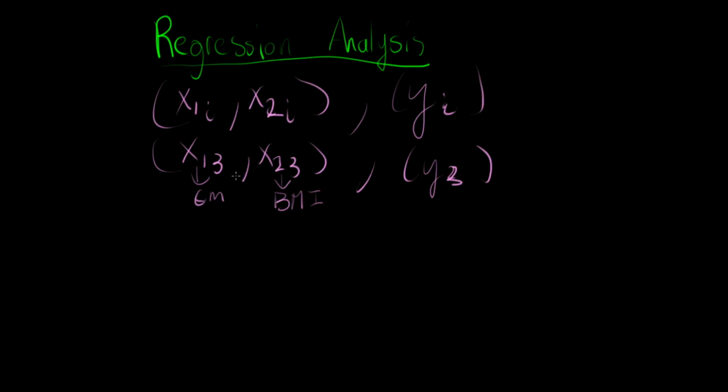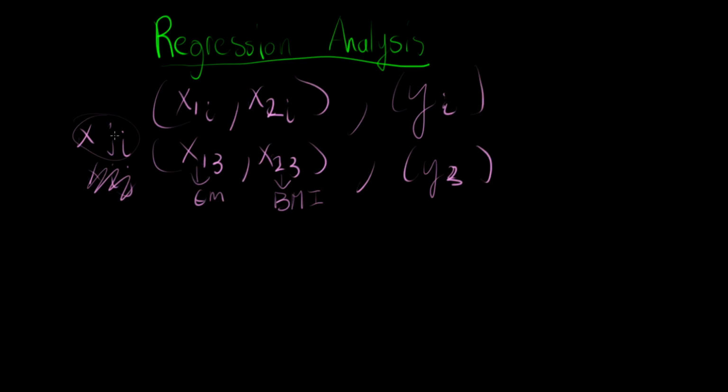The first subscript represents the jth covariate, so this is xij. Some people like to write it differently, but I'm just going to write it like this.